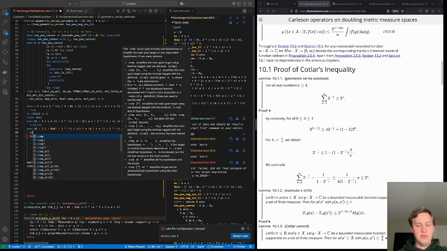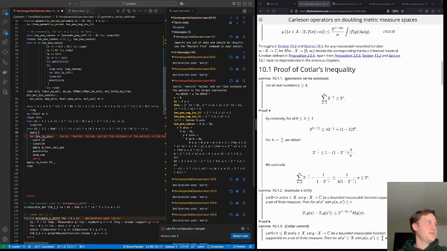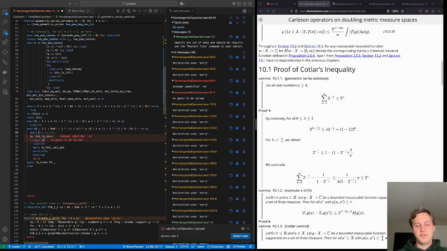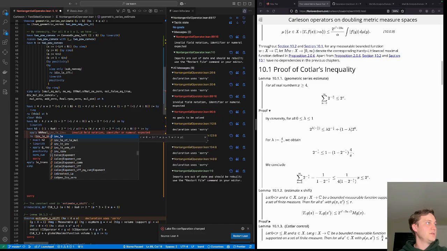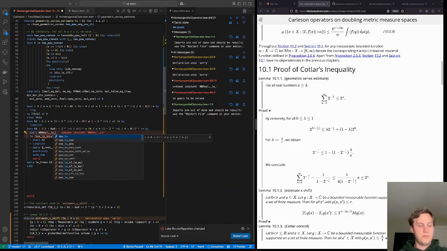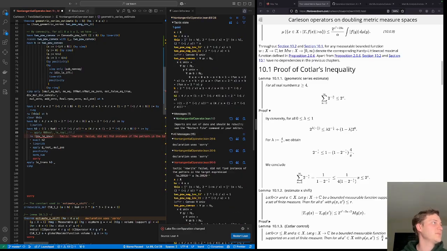Can I simplify immediately? No. So the question is, is there some function like NNReal dot toReal? Yeah, some coercion function.